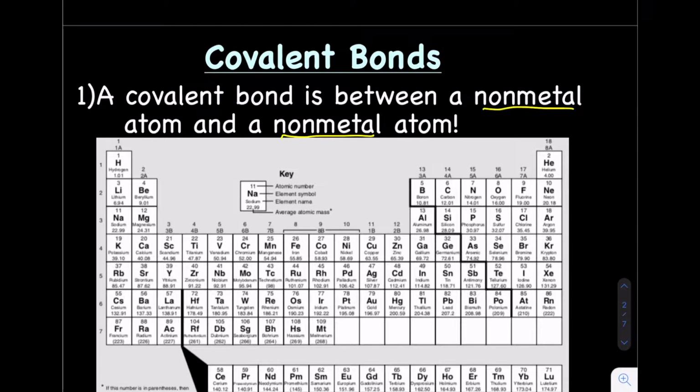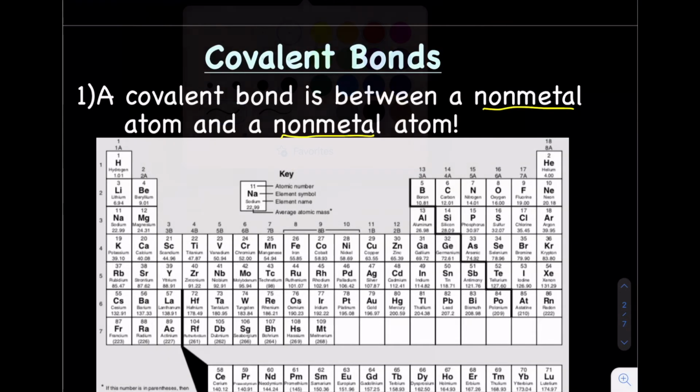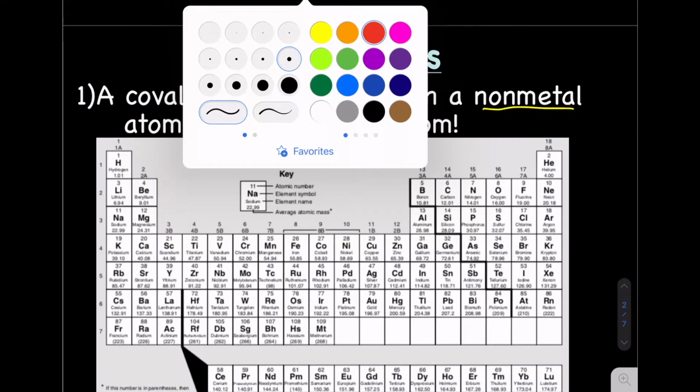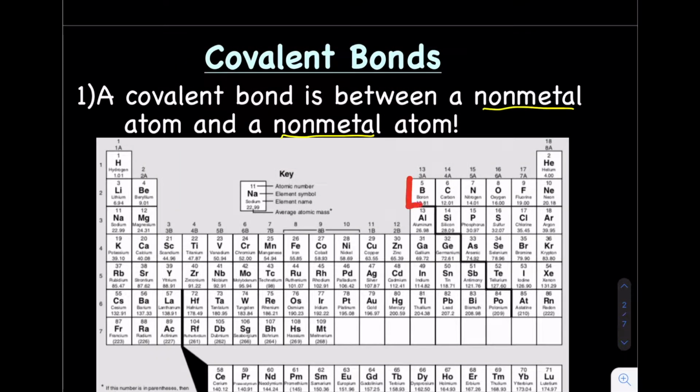So as a reminder, let me change my pen a little bit. There's this little dividing line here on the periodic table, and everything on the right side of the jaggedy line, these are all the nonmetals.